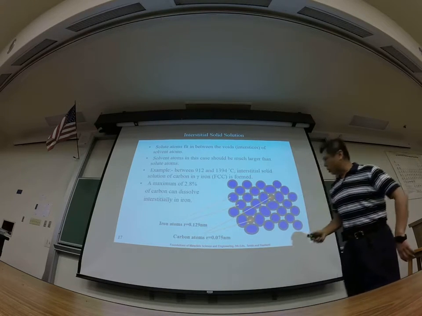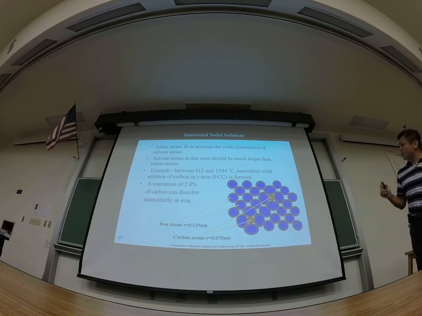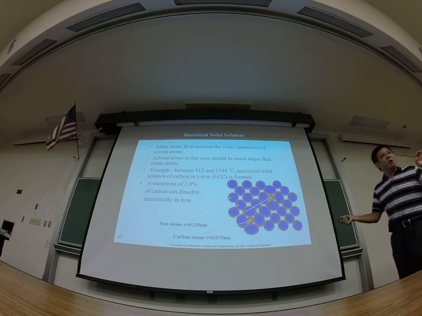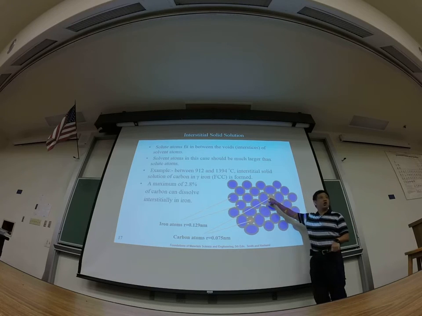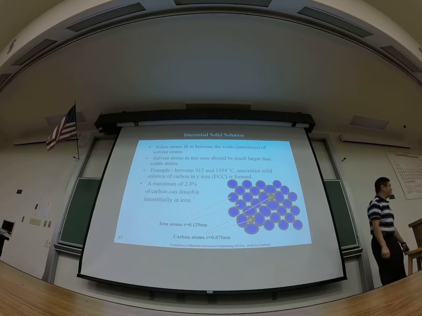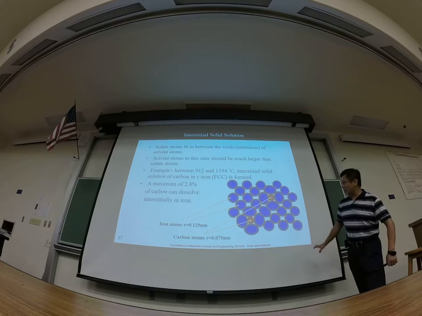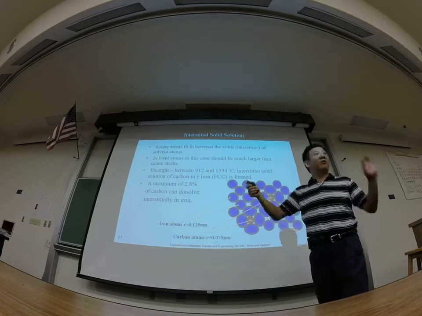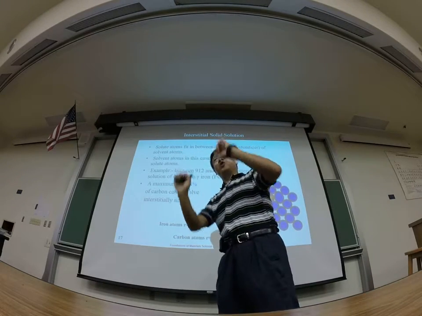So, a huge difference. In that case, the carbon atom will fill in the interstitials formed by the iron FCC crystal atoms. And you could reach about 2.8% carbon filled in those interstitial sites.